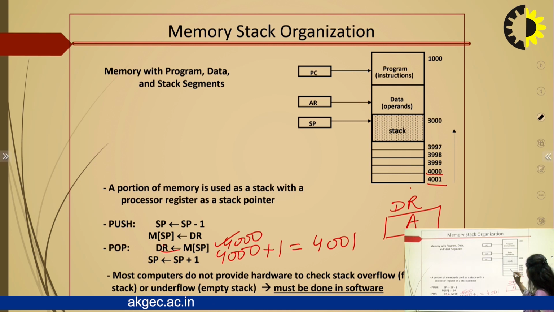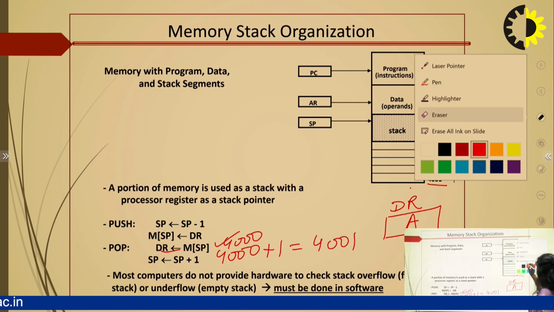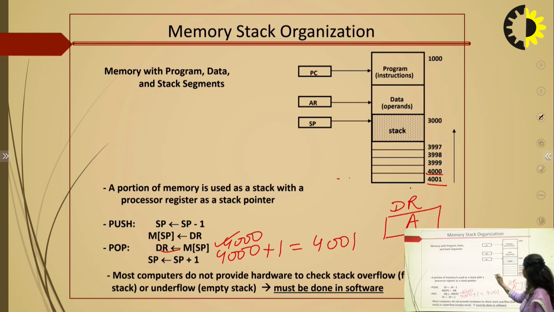A will be removed now, and this stack pointer will be now pointing to this location, and your A is removed from location 4000 and will be stored in your data register. So this is how we can organize your memory in the form of a stack.